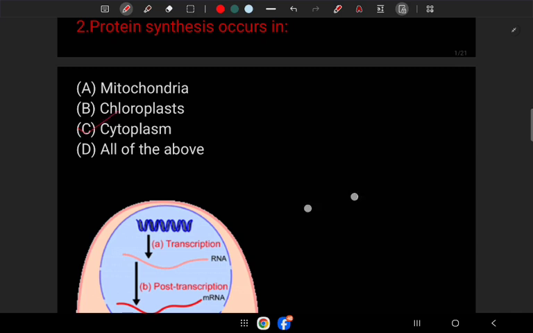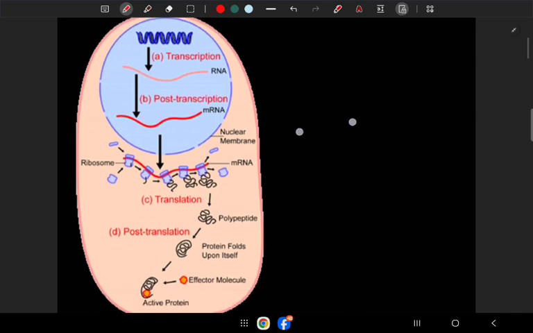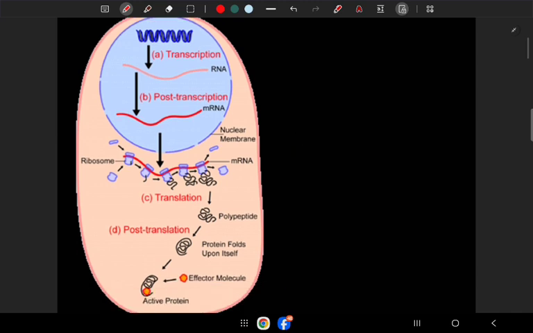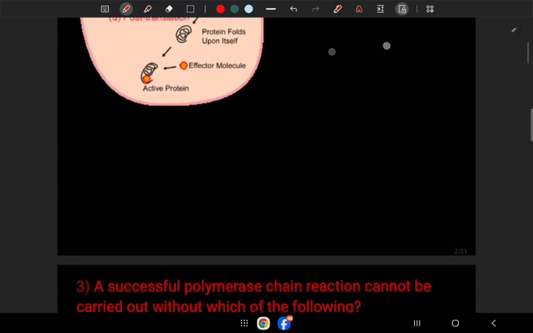You can clearly see in this picture that the transcription process occurs inside the nucleus, but when the mRNA is transferred from the nucleus to the cytoplasm, the translation process occurs here. So the translation process or protein synthesis occurs in the cytoplasm of the cell.